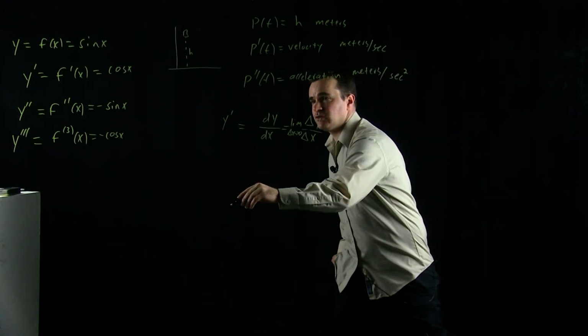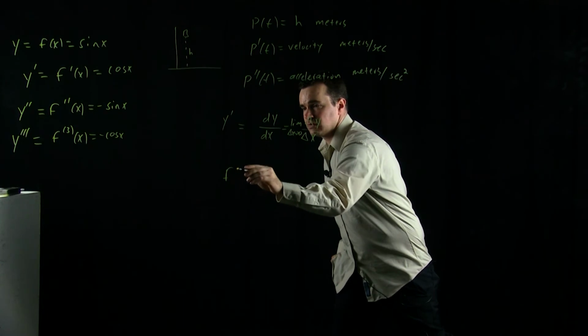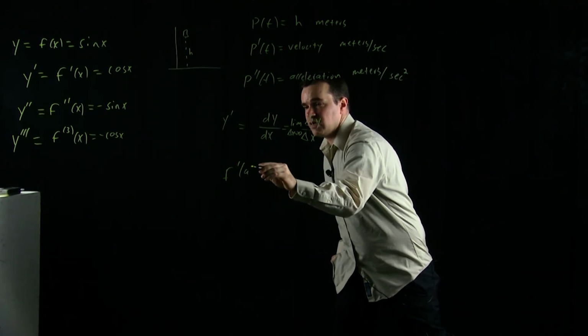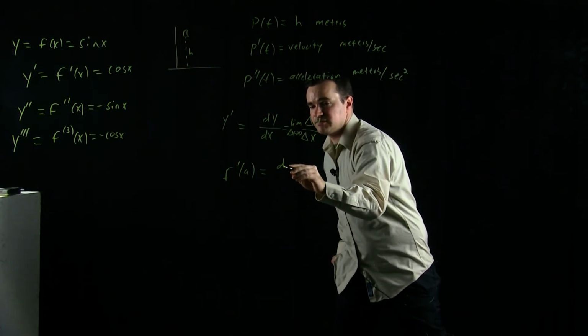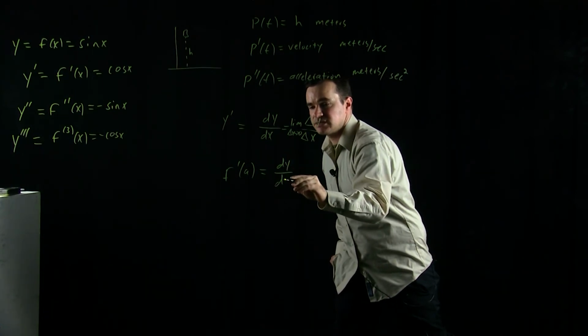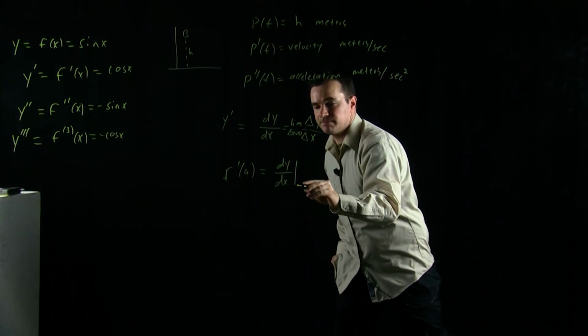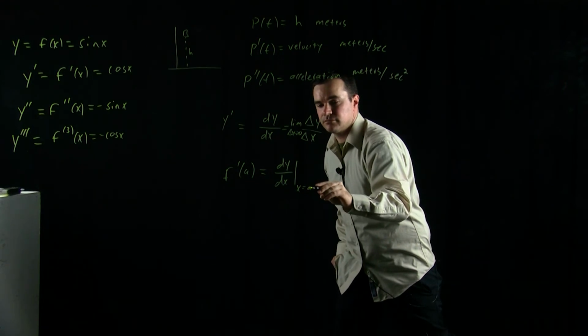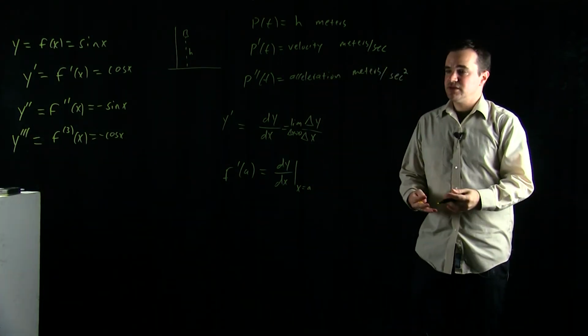If you wanted to look at, say, f prime at the point a, the way that he would have notated that is dy over dx, and you draw a vertical line and say x equals a. But they mean the same thing.